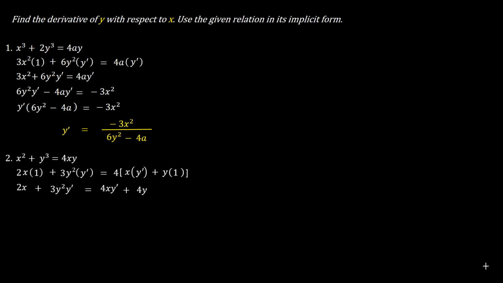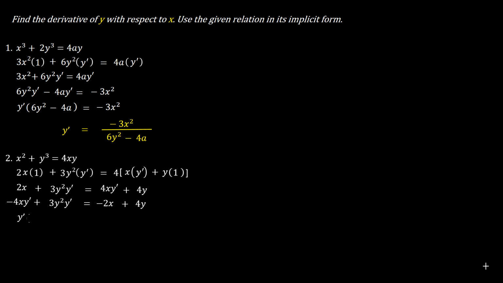Transpose 4x y prime to the left side of the equation, and that now becomes negative 4x y prime plus 3y squared y prime is equal to, transpose 2x to the right side of the equation, becomes negative 2x, then just copy 4y. Factor out y prime.